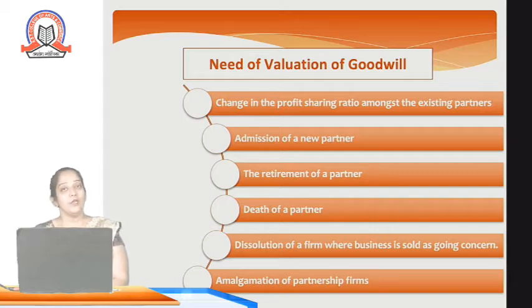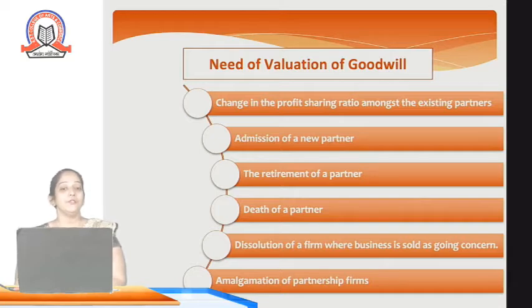For that purpose, we need to calculate how much will be the share of the partner in the goodwill as well. So for that purpose too, we need to find out the valuation of goodwill.